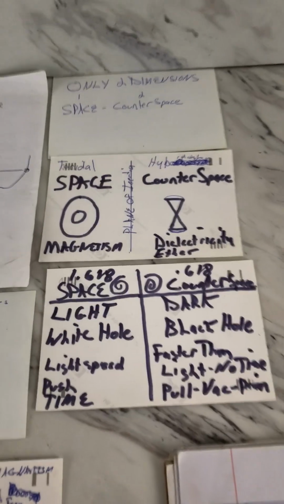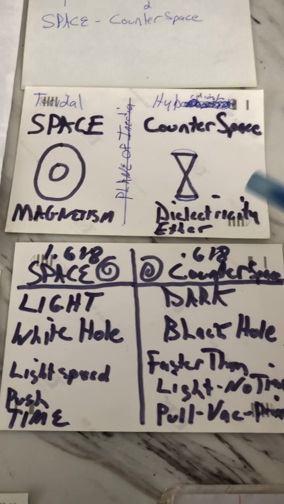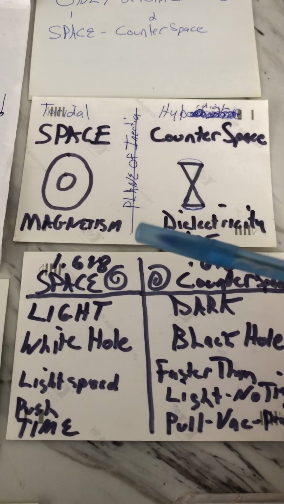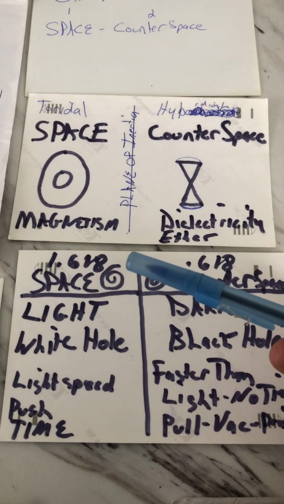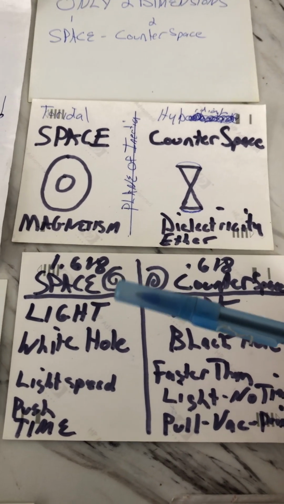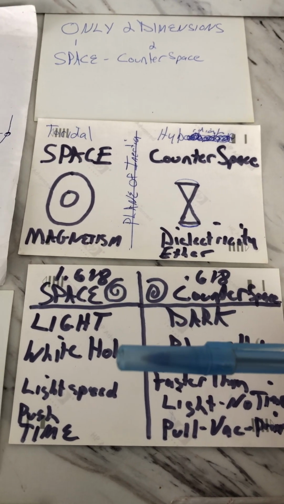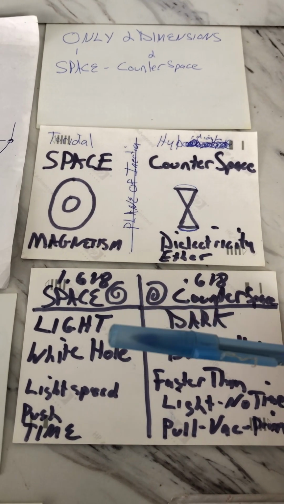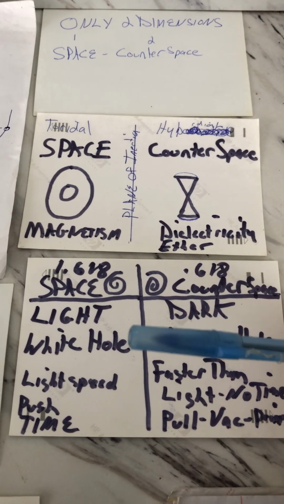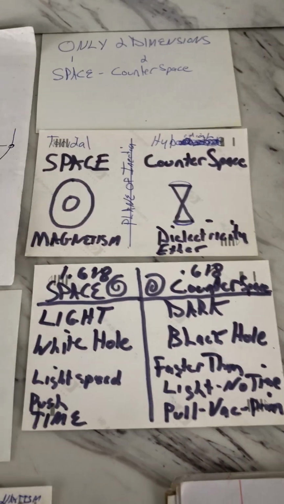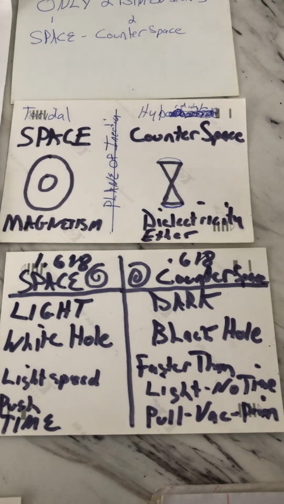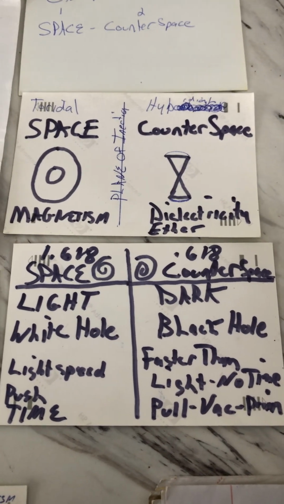So what happens is when you're rotating clockwise, you're creating matter and light, and you have basically a white hole effect going on here. And with this, you would also have time, because you would have frequency or modulation.